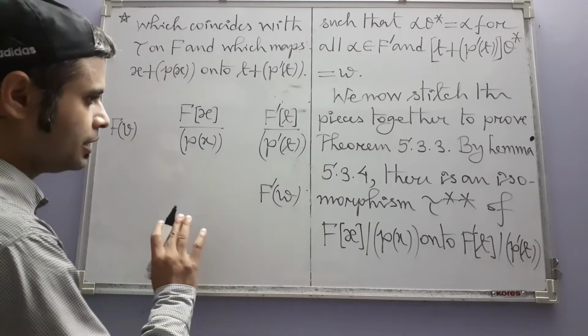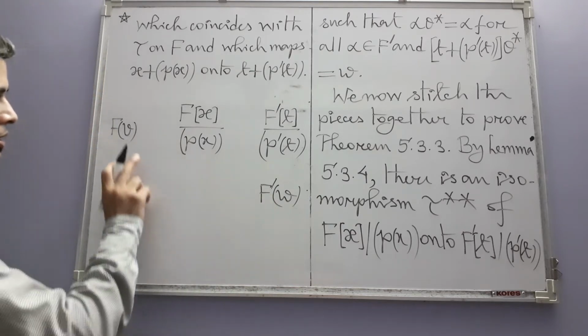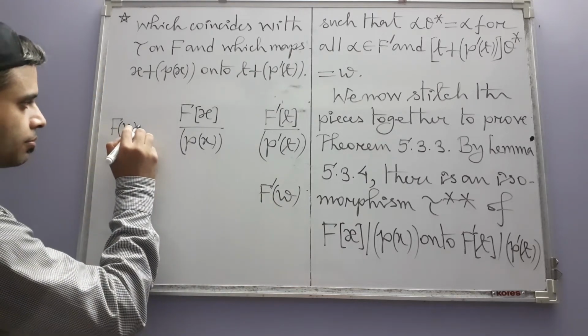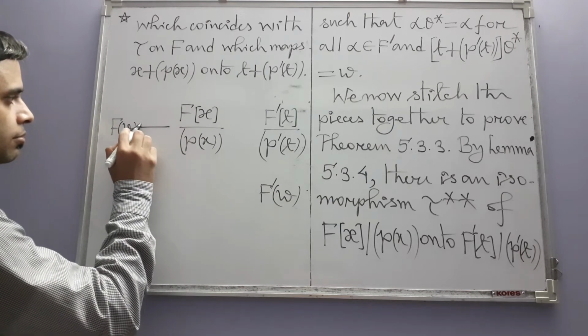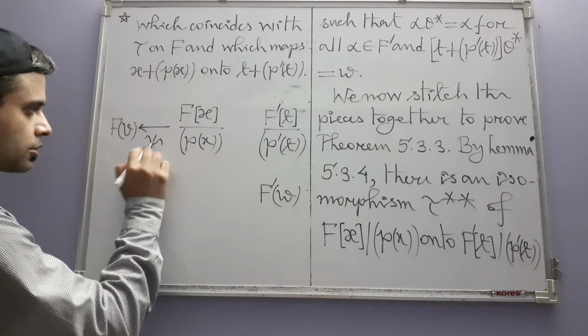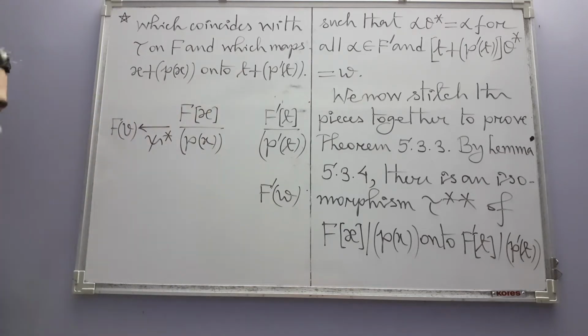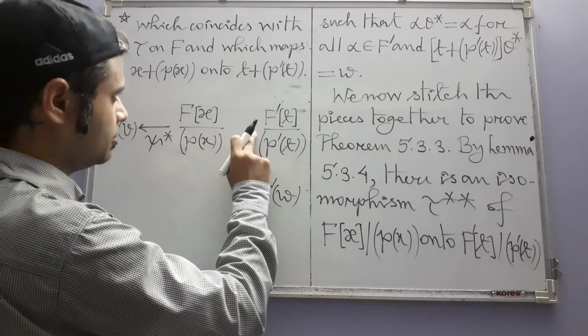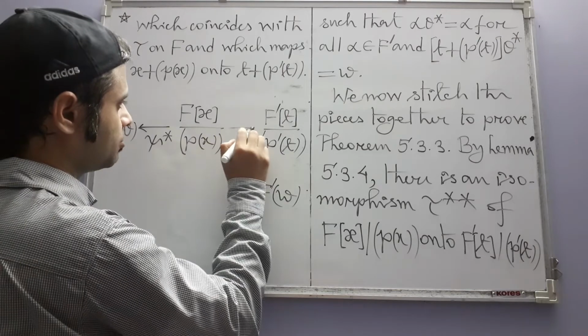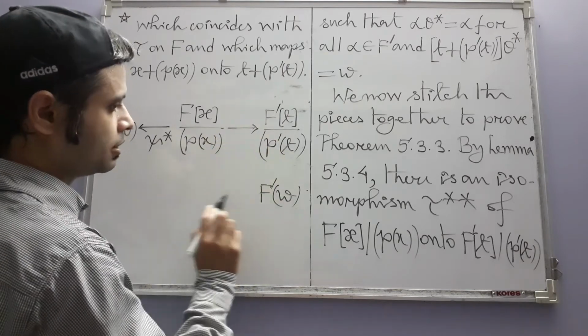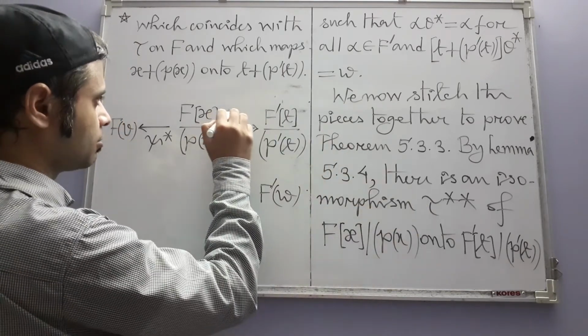Now we already have shown that there is an isomorphism psi star from this onto this, and this isomorphism between these two quotient rings is your tau double star.